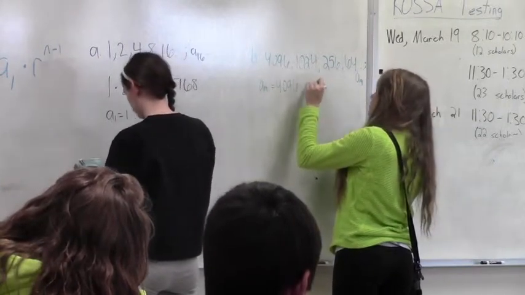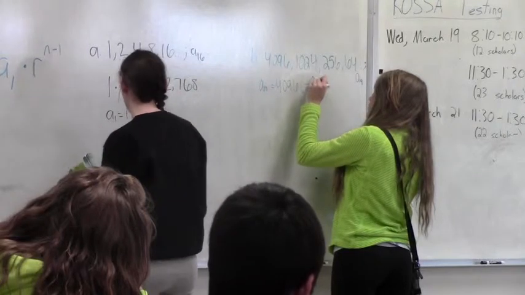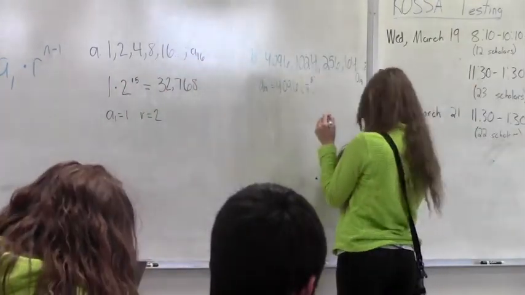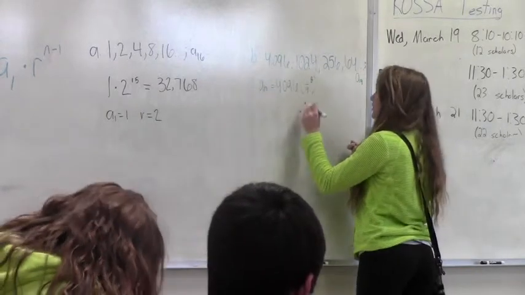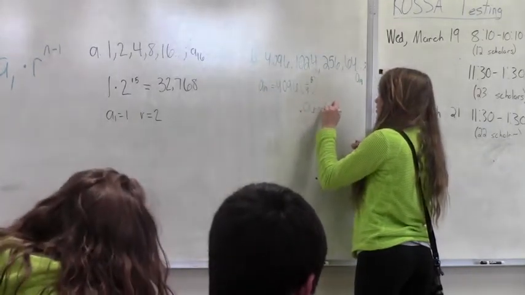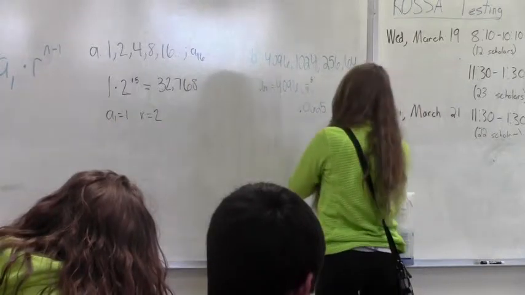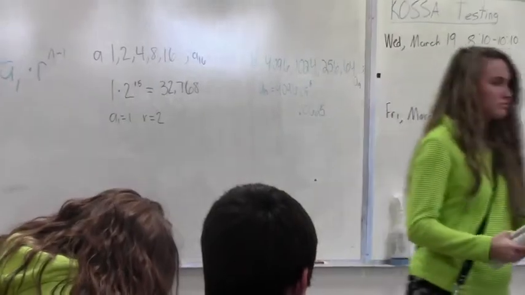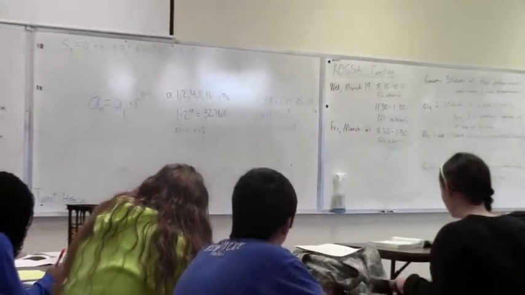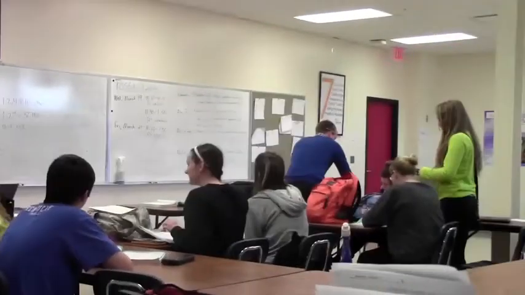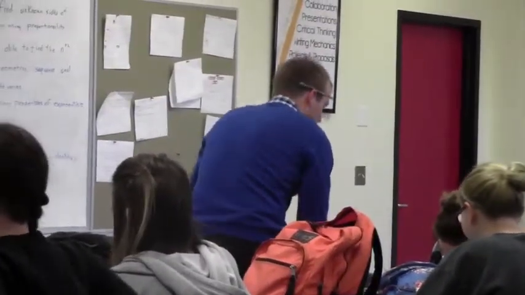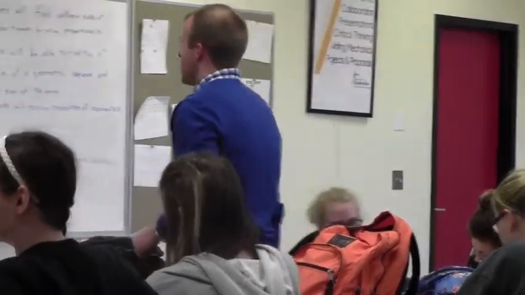So what's the common ratio? We multiply every time. Times 2. Okay, and this is our exponent, n minus 1. So what's n in this case? 16, that's a 16th power. You type that in your calculator.